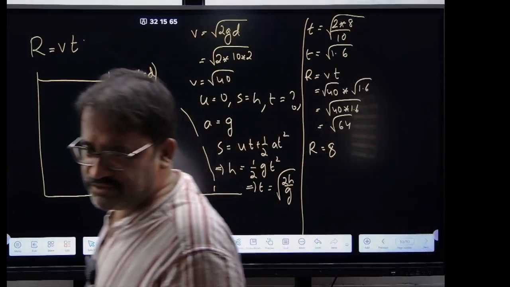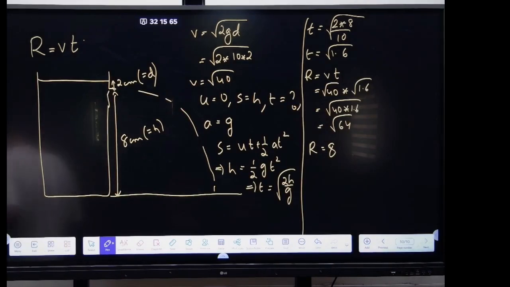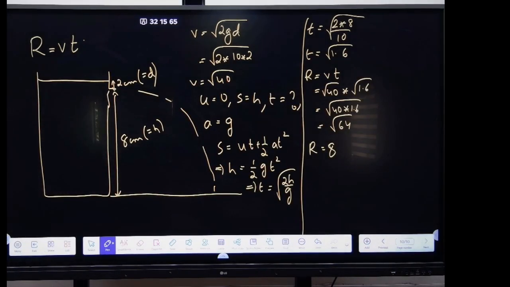So the right option is option 2. Verify it, I may be wrong. It's correct? Very good.